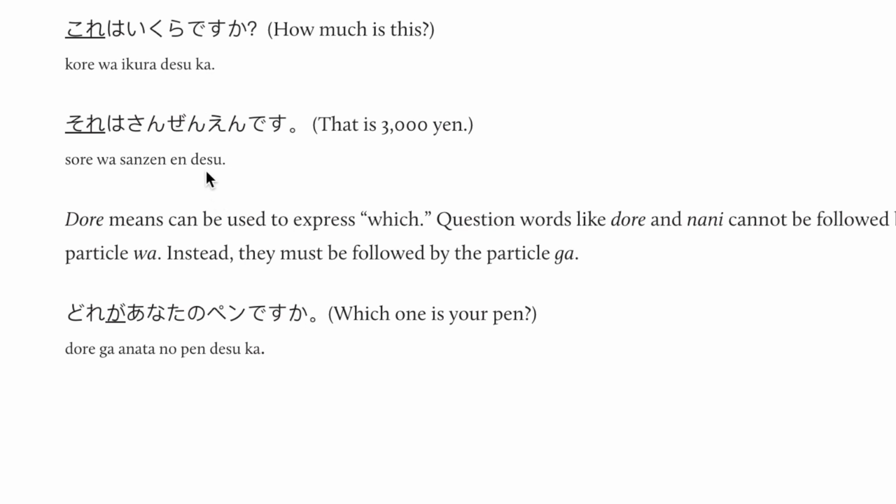That is my pen over there. あそこにあるのは私のペンです。あれは私のペンです。これはいくらですか？それは3000円です。So yeah, what I'm trying to get an idea of is what's my natural tendency to read these based off of how much I know at this point.